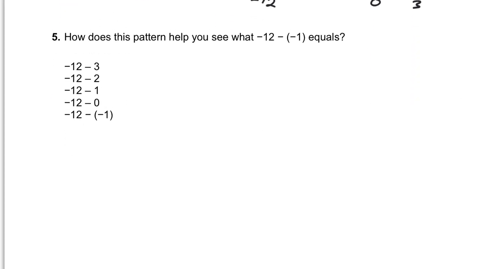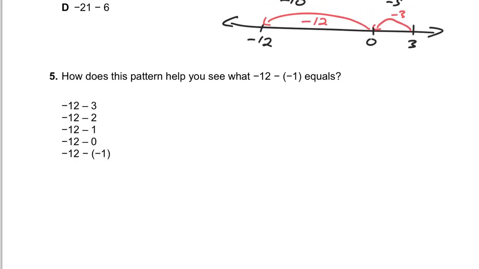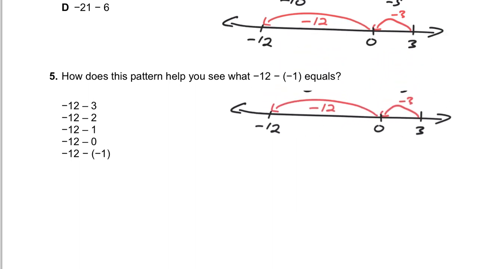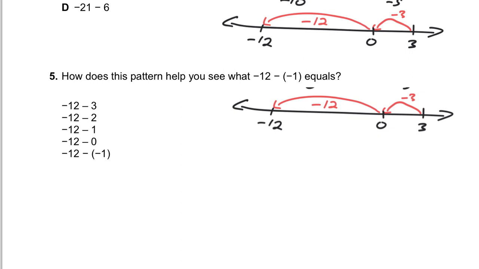Finally, it says, how does this pattern help you see what negative 12 minus negative 1 equals? And here, fortunately, we don't have to do a lot of work because this first question is exactly the question that we had just answered. So this is exactly the same, right? We started at 3, and we saw how far it is until negative 12, right here. And we said that the answer was negative 15.